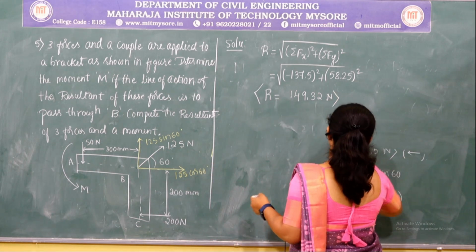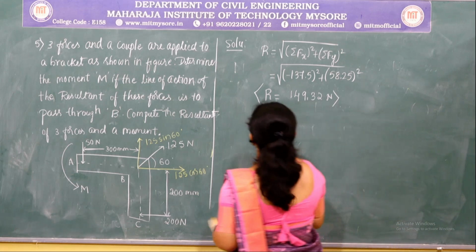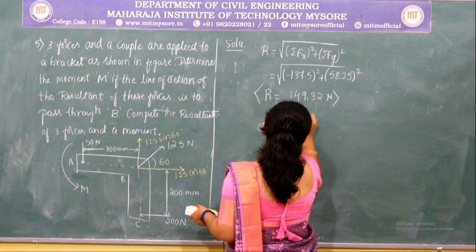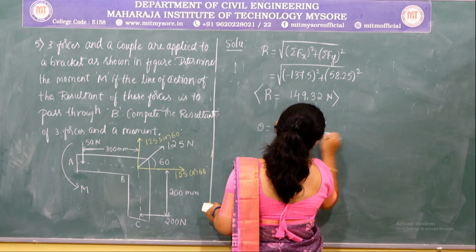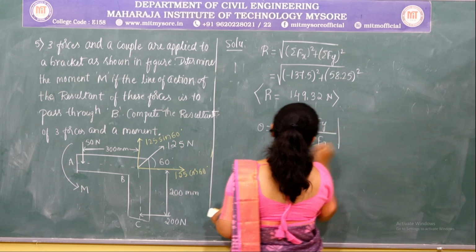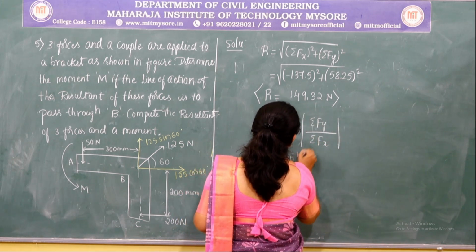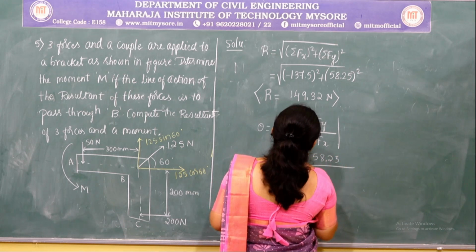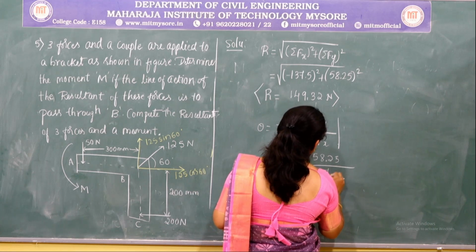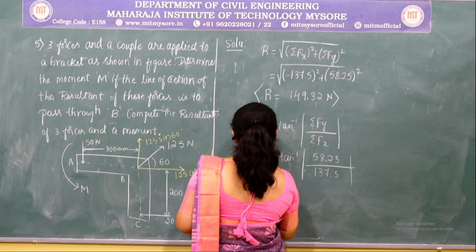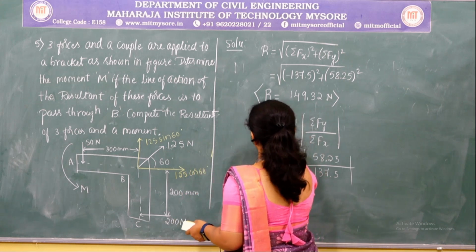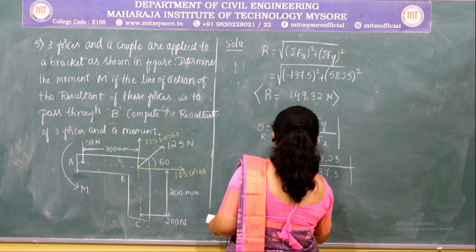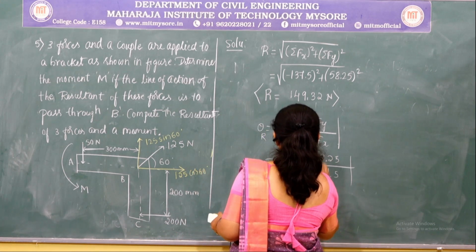We shall find out the direction of the resultant, that means the value of theta, which is equal to tan inverse of mod of summation of Fy by summation of Fx, which is equal to tan inverse of 58.25 divided by 137.5, which gives the direction of the resultant as 22.95 degree.